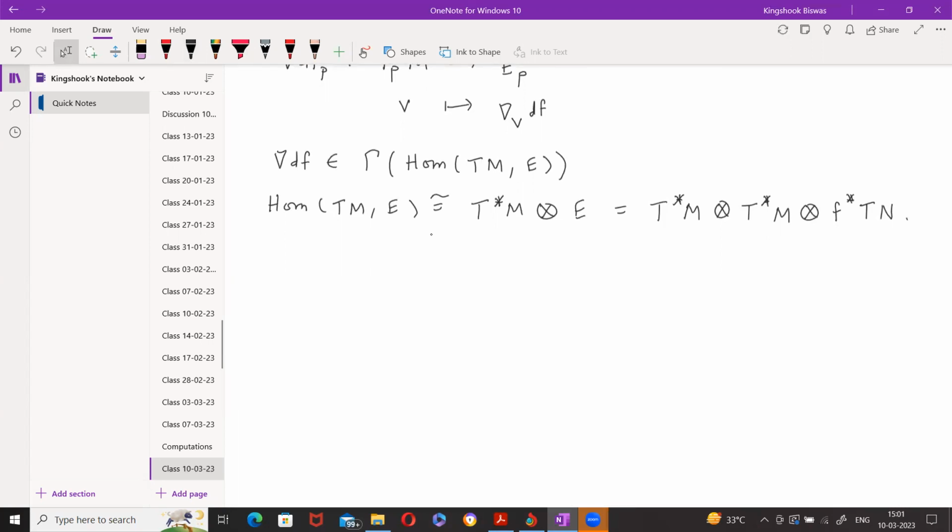So what is this bundle? The fiber is going to be T star M tensor T star M and then tensor this vector space. What that means is this is the bundle of bilinear maps from TM cross TM to F star TN, right?